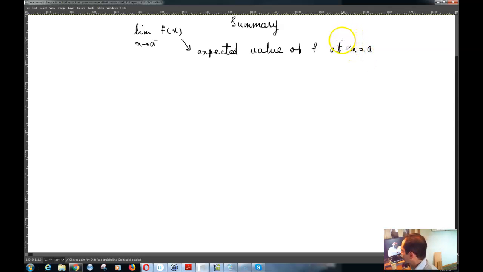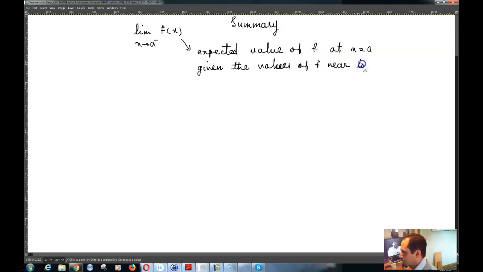given the values of f near x to the left of a.